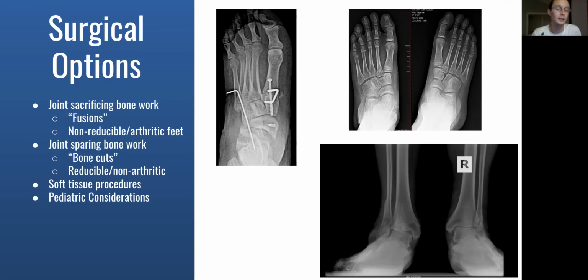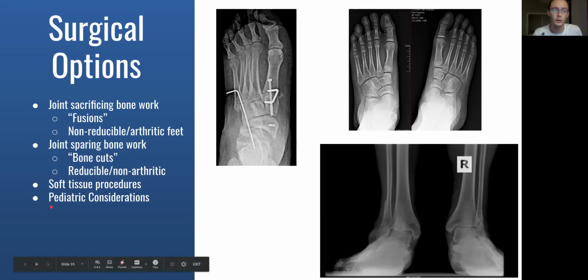If your tendon has failed because it's been overworked, to just directly repair it and not support it with bony work to correct the structure of the foot, you're asking repaired tissue to do the job of healthy normal tissue, and it's not going to be able to do that. It's just going to fail.